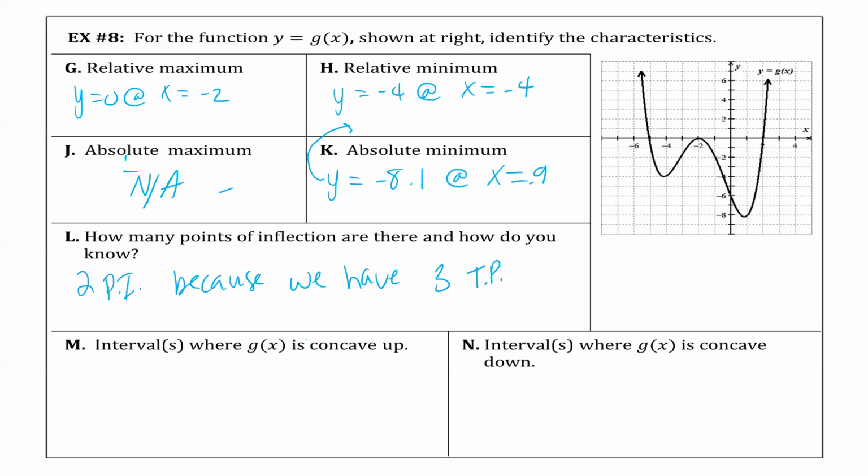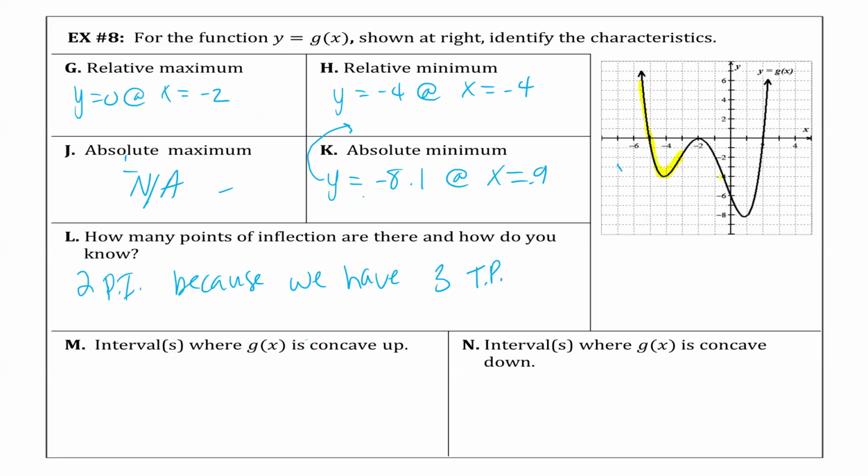All right. In order to answer the last 2, you have to tell me where those PIs are. Because you can't tell me where I'm concave up and concave down without knowing my PIs. So for concave up, I'm concave up from here to here.